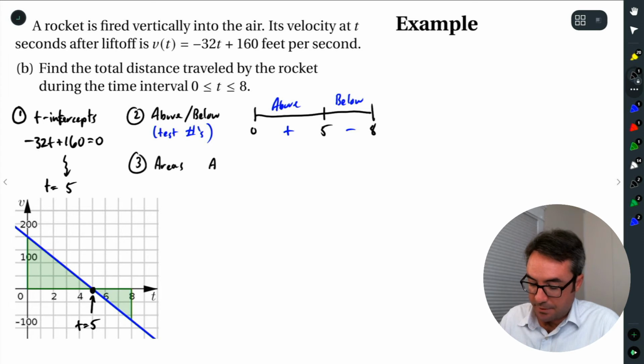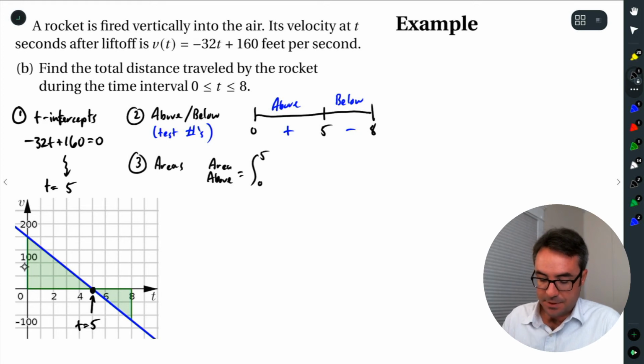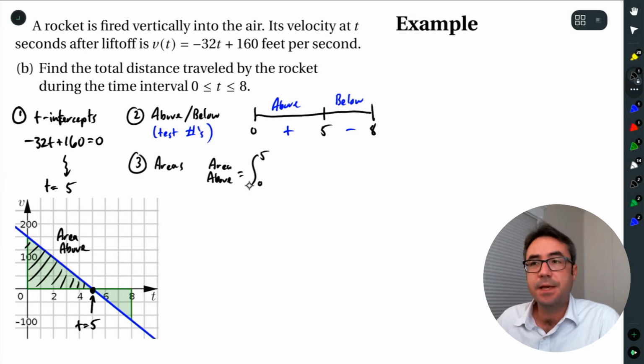The area above is just the integral from 0 to 5, so this region right here. The area of that region is the integral from 0 to 5 of our function, negative 32t plus 160.